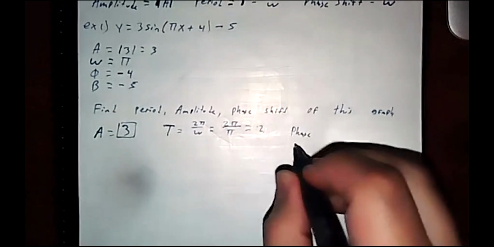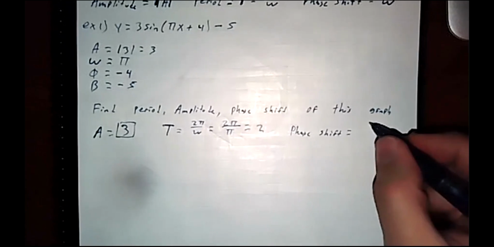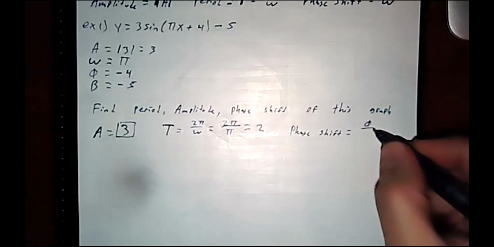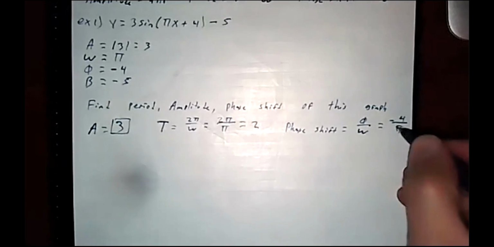Yeah, nice. Phase shift is phi over omega. So phi is what? -4, and divide by omega, which is pi. So there is my phase shift.